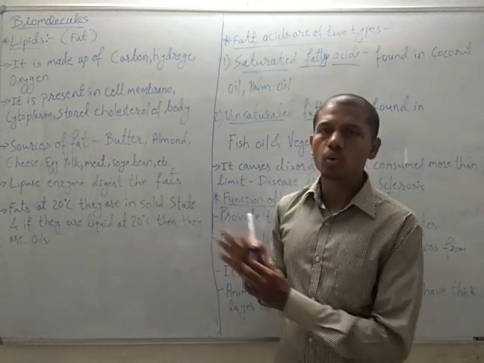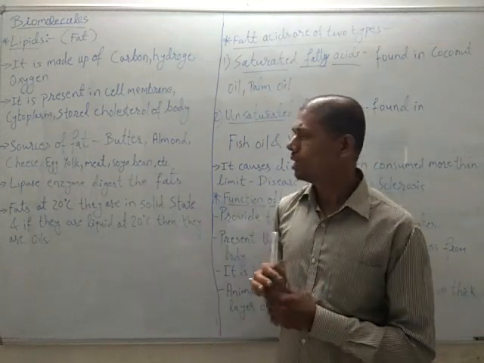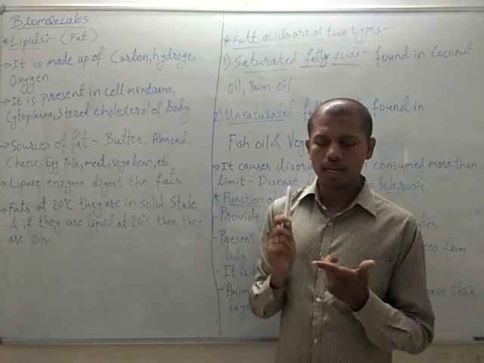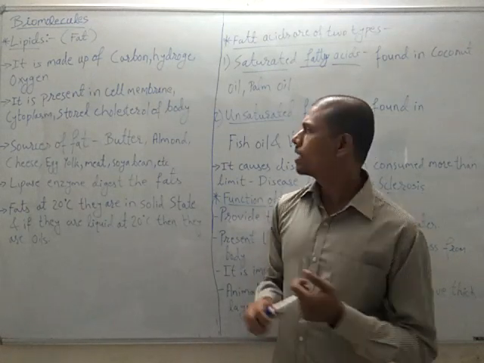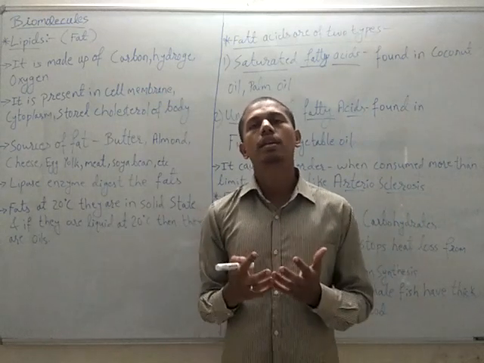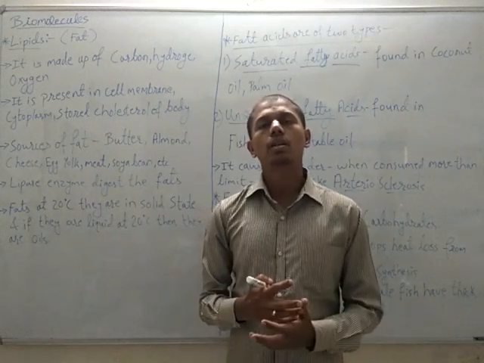Why is fat stored in the body? First reason, it acts as a storage of food. Second, it acts as an insulator. Insulator means what?